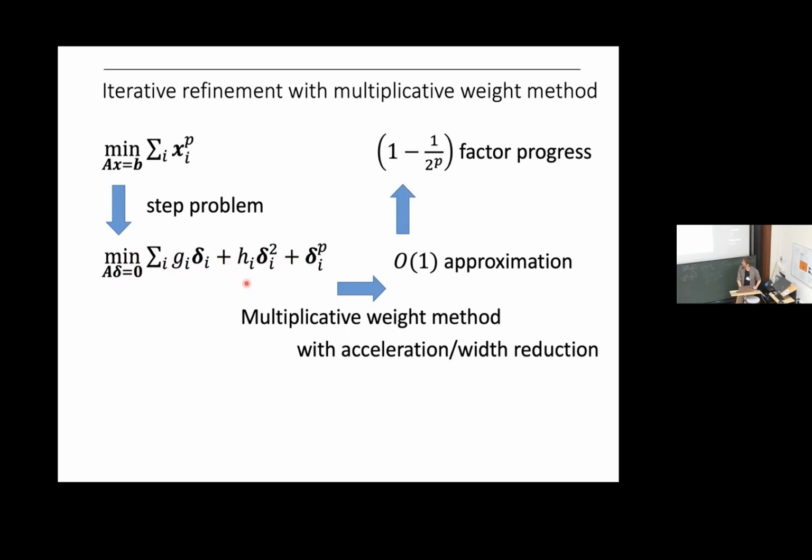So if I recover a constant approximation to this, I'm really getting a constant factor of the progress that I could make. And this is why we get this really fast convergence. Okay, and then now I revealed what is the p dependence. I make a 1 minus 1 over 2 to the p factor progress by this.